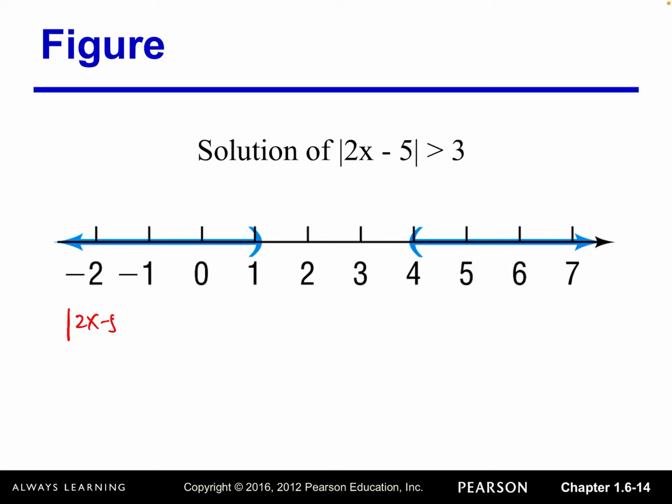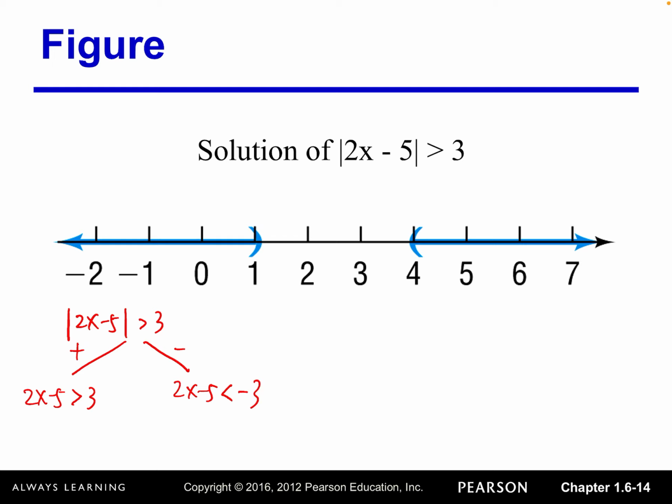Absolute value of 2x minus 5 greater than 3. First we need to write the solution set. For the positive case, 2x minus 5, we always treat that as a unit, needs to be greater than the positive of that number. For the negative case, 2x minus 5 needs to be less than the negative of that number.